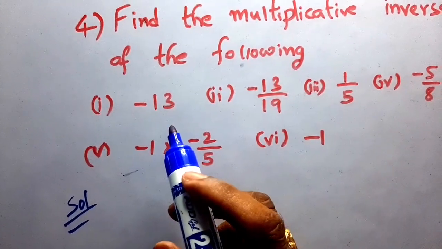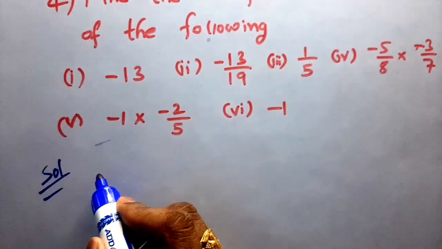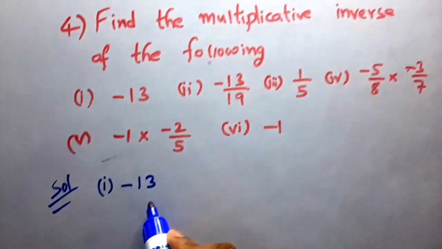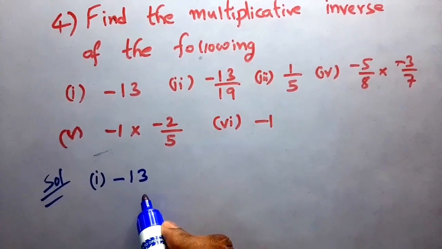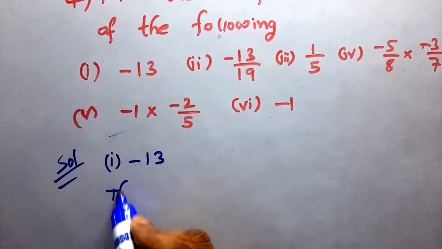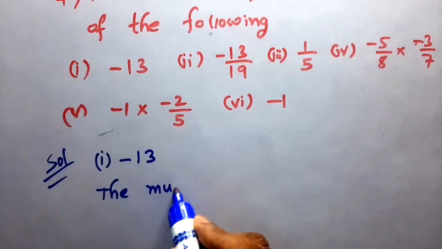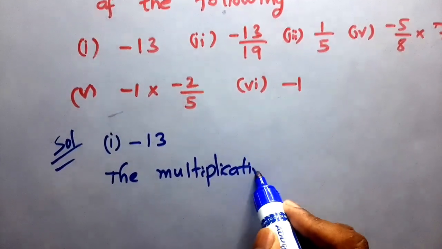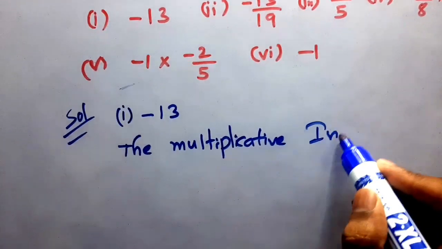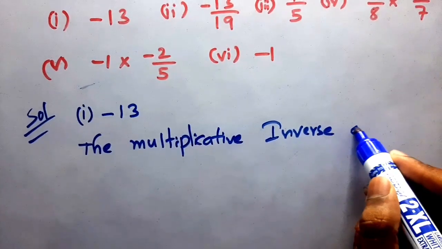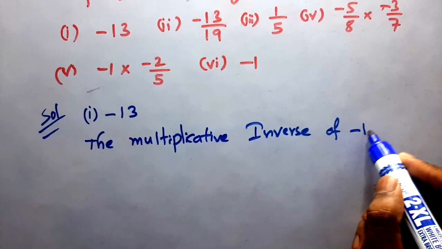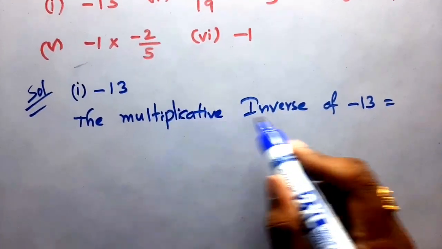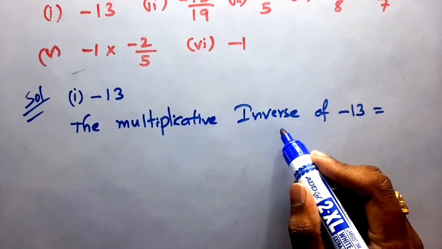See the first one, minus 13 given. So we have to find the multiplicative inverse of minus 13. The multiplicative inverse of minus 13 is, so multiplicative inverse is also called reciprocal.